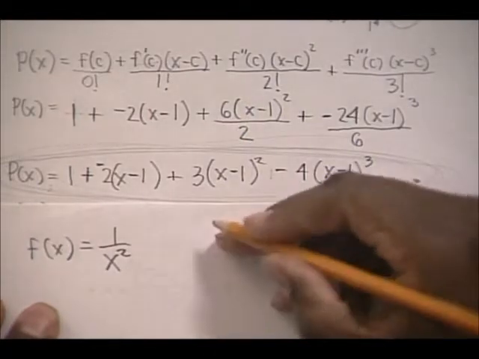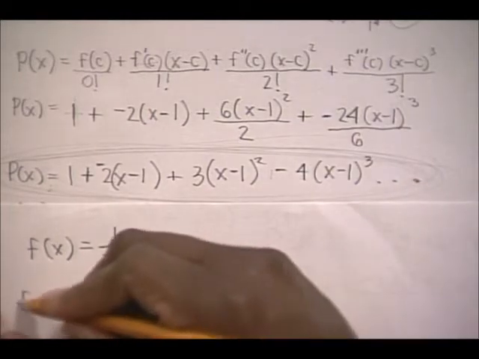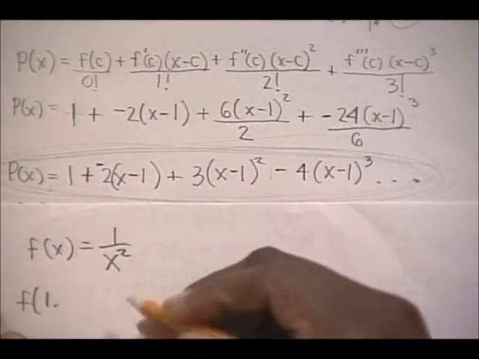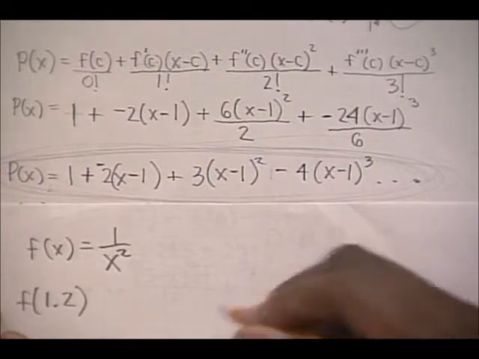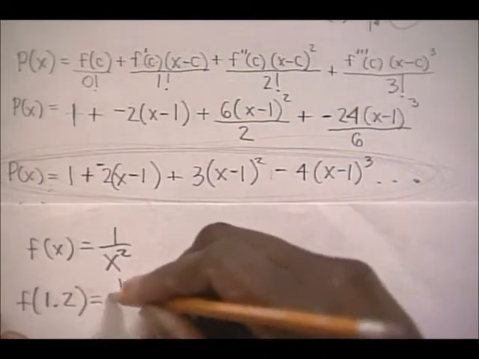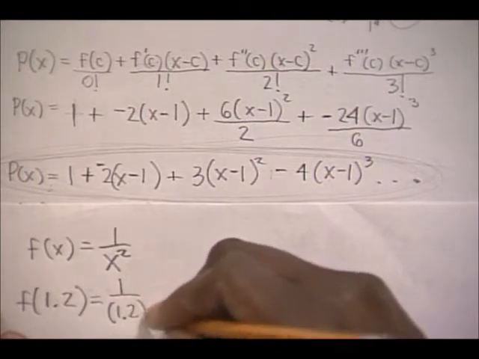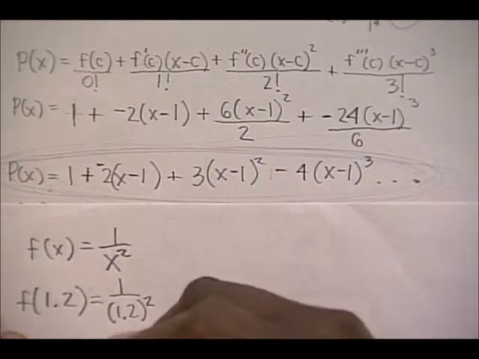So let's try it again where we want to figure out what f of 1.2 is. We end up with 1 over 1.2 squared.